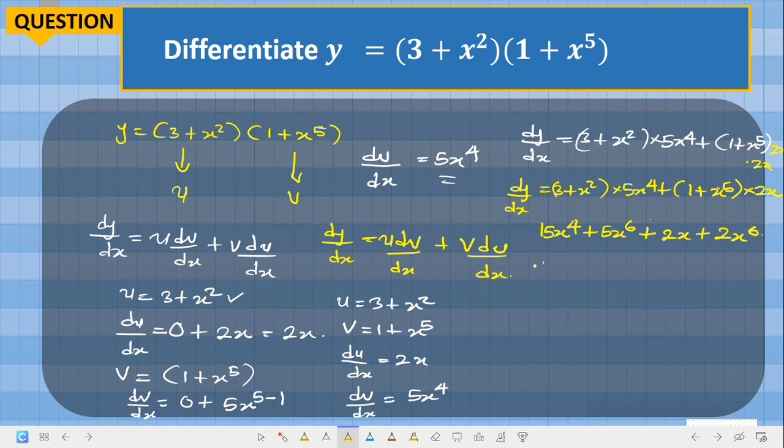Collect like terms. So your dy over ds will be equal to, let all the s raised to the power of 6 come to one side first. So this becomes 5s raised to the power of 6 plus 2s raised to the power of 6, then we have 15s raised to the power of 4 plus 2s. Our final answer will be what? 5s raised to the power of 6 plus 2s raised to the power of 6 is 7s raised to the power of 6, plus 15s raised to the power of 4 plus 2s.